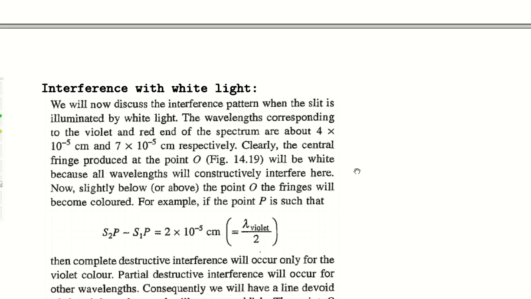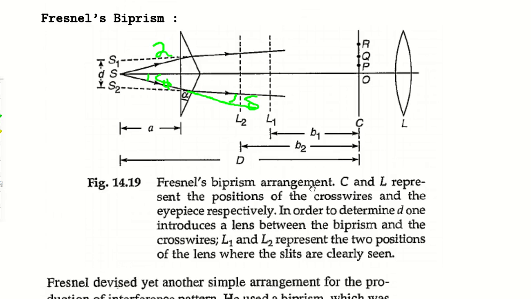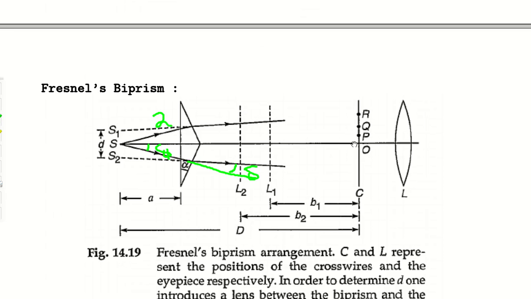Now let us take a point P such that, see, we are taking 3 points. O is the central point which is white, and here the sources are no longer monochromatic; they are emitting white light, like your helium light, your mercury lamp, etc. Let us consider 3 different points, P, Q and R. P is nearer to O, Q is nearer to P, and R is relatively far away from the central region.